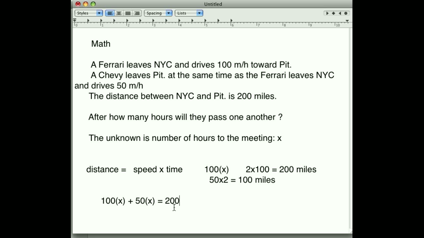So this is the equation, and now we have to solve this equation. So 100 times x is 100x, plus 50 times x is 50x. That equals 200.